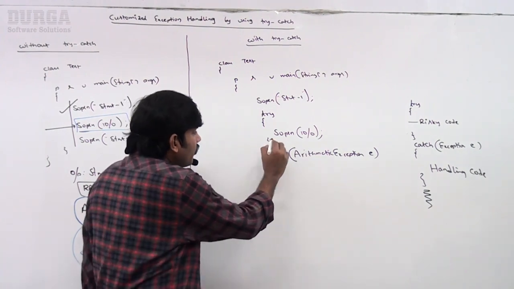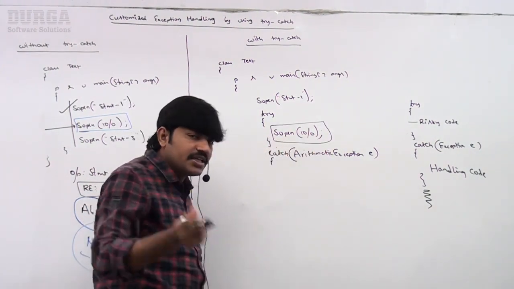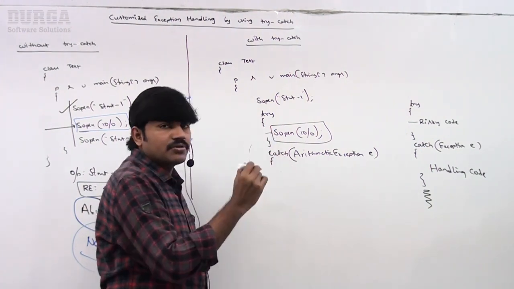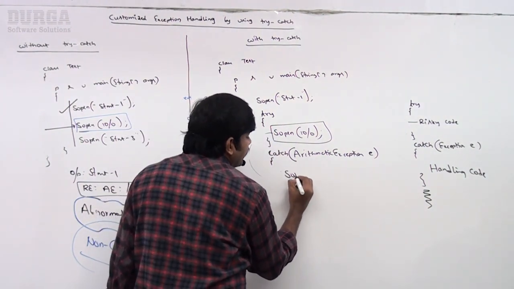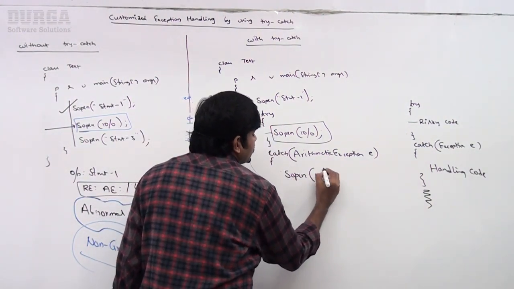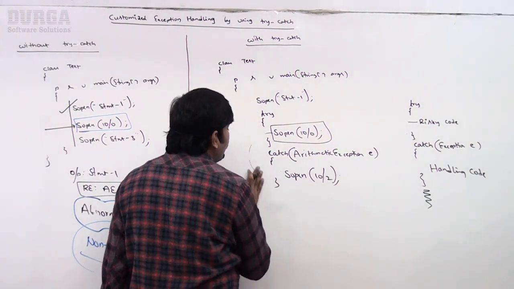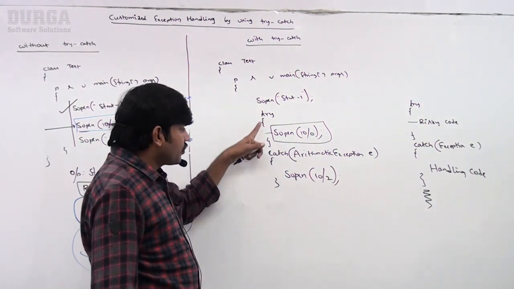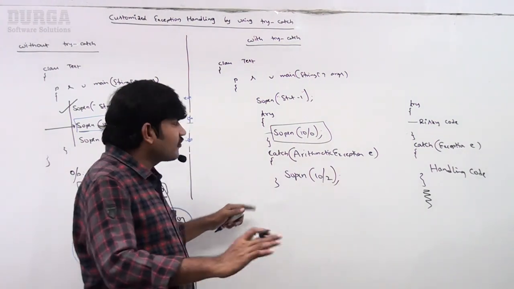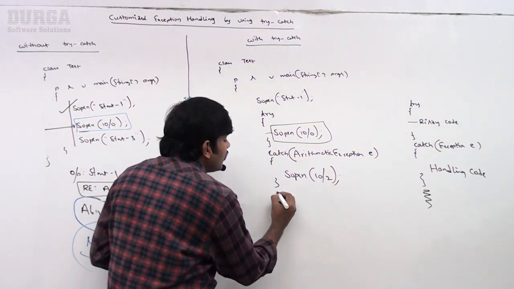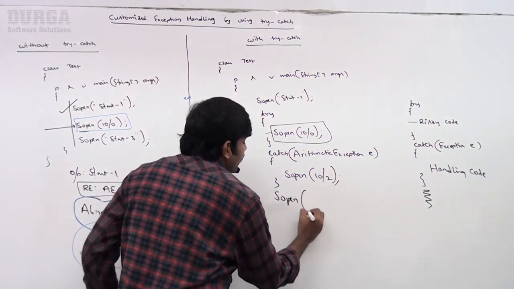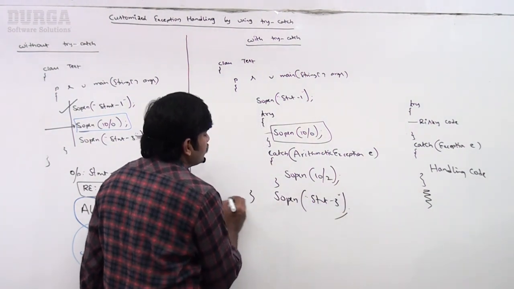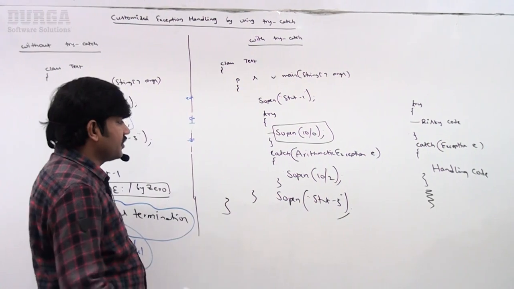While executing this code, if any problem comes, please execute this alternative code. The alternative handling code is nothing but SOP of 10/2. After the try catch block, now the remaining SOP of statement 3 we have to take.